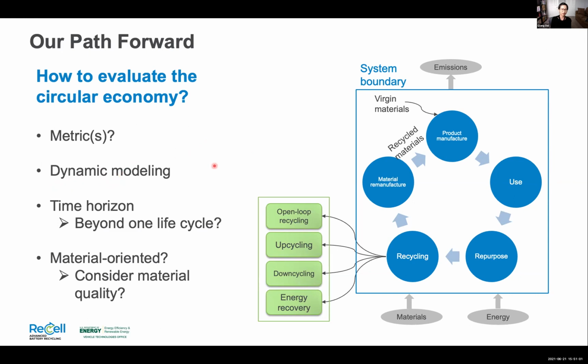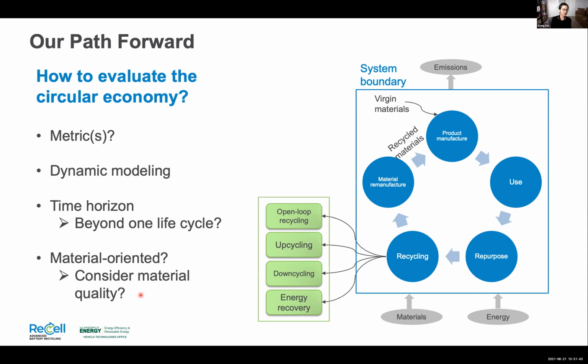But if we take the battery as the example, some of the materials in the battery can be recycled indefinitely, allegedly, and other materials can be recycled for only a certain number of times. So to account for these different numbers of times the materials can be recycled, maybe we need to define a time horizon for the analysis of the circular economy.